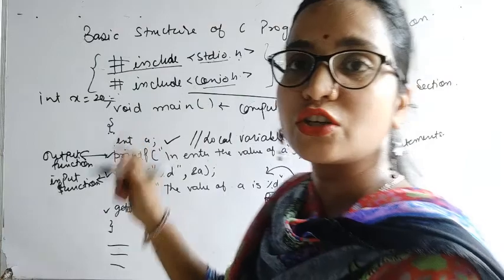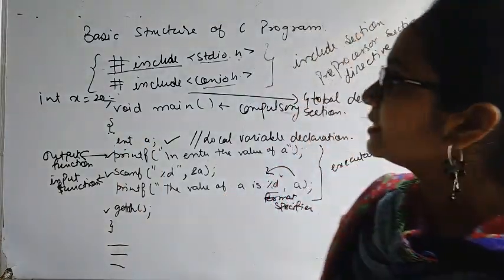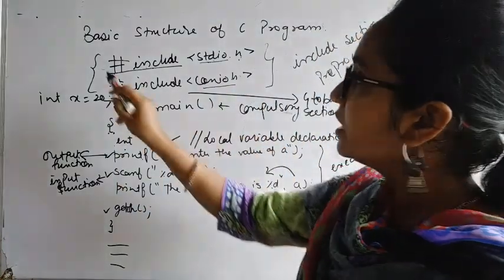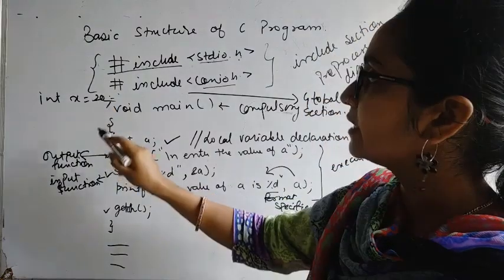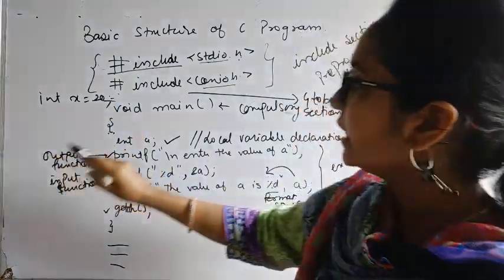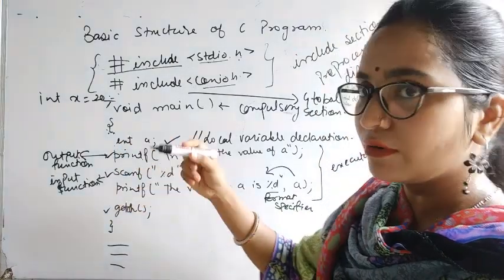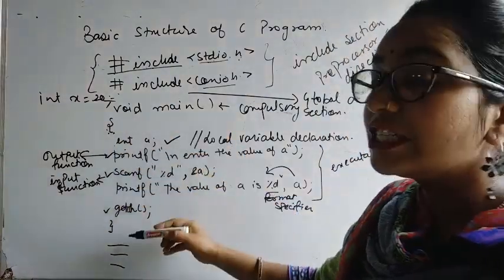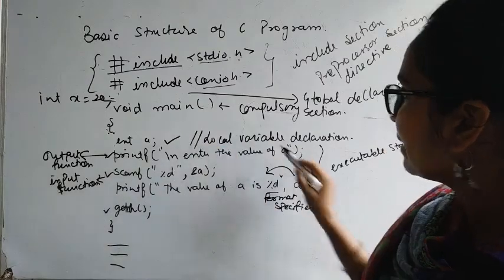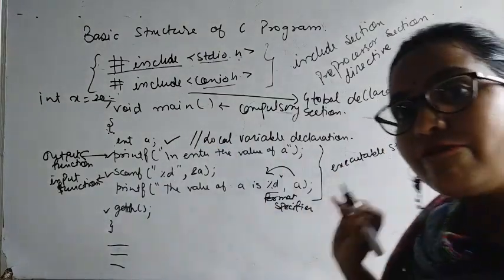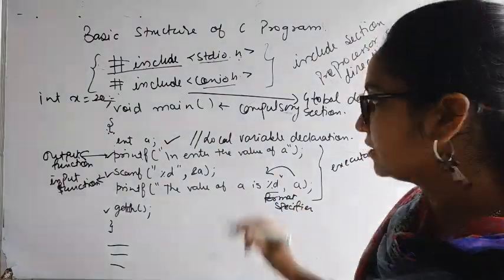This is the basic structure of our C program. The overall program structure is preprocessor directives, then the global declaration, then the main section with the opening brace of main. The function definition is divided into two parts, local variable declaration and executable statements. Every block will have these two components.